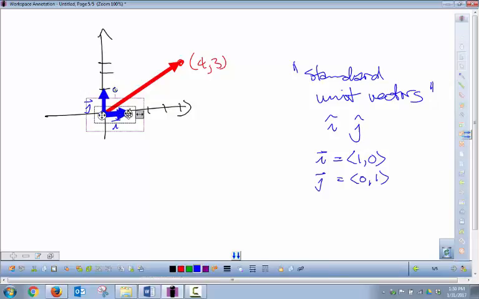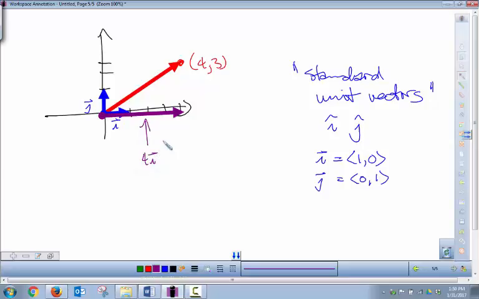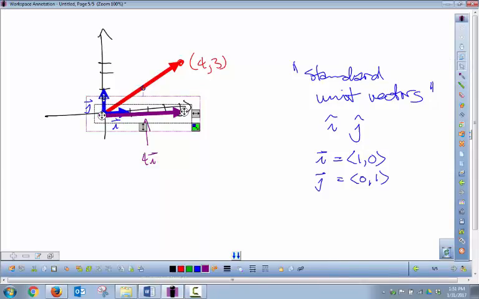So what that means is that I can scalar multiply i by 4, as long as the i goes in the x direction, and then I'll take the j vector, which goes in the y direction, and scalar multiply that by 3.